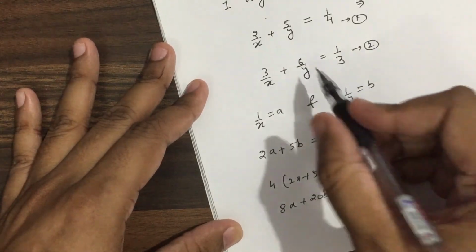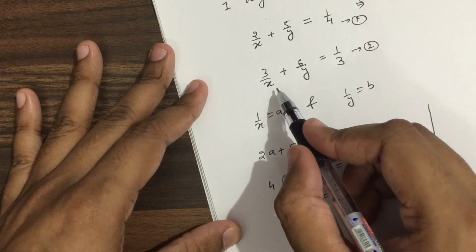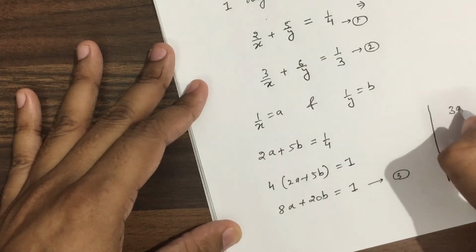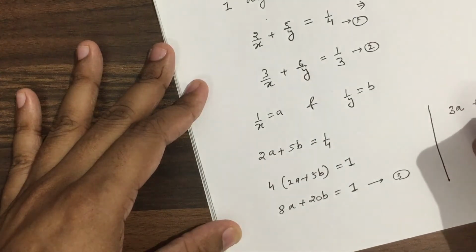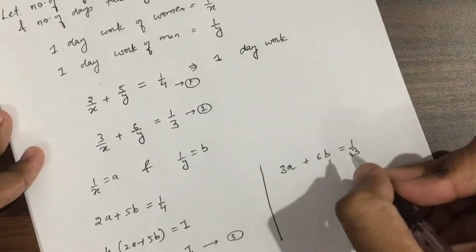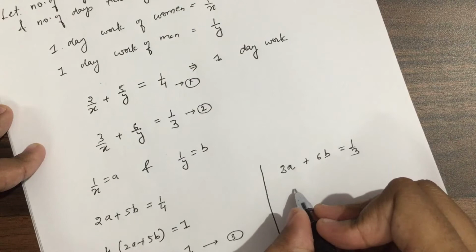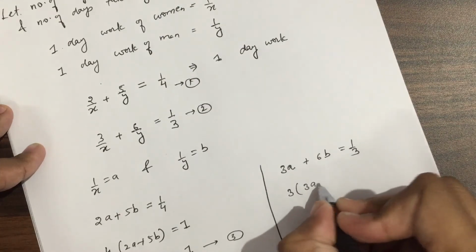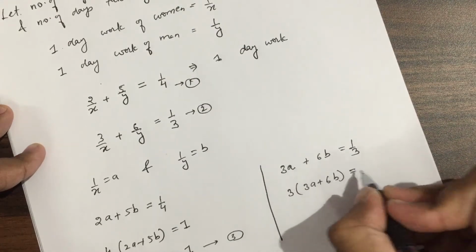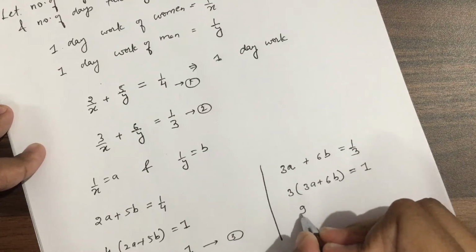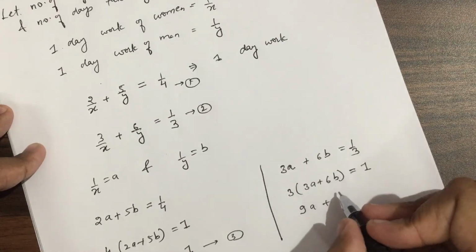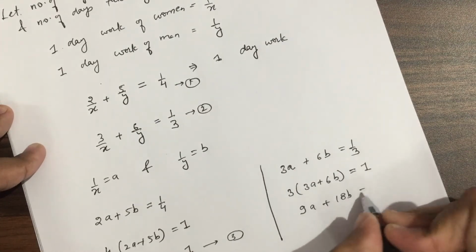Similarly, simplify equation 2. 3a plus 6b equal to 1 by 3. So this will reduce to, cross multiply, 9a plus 18b equal to 1.